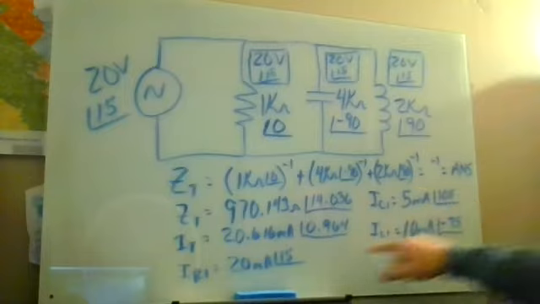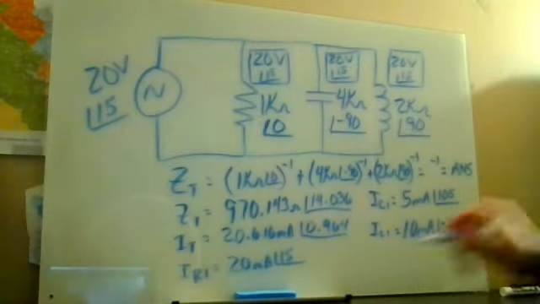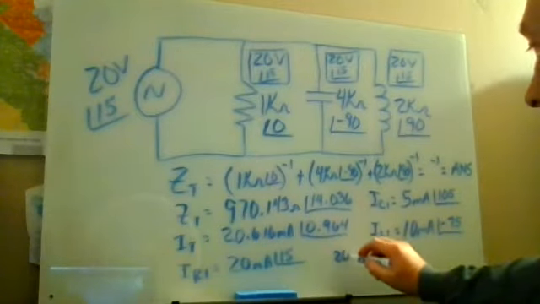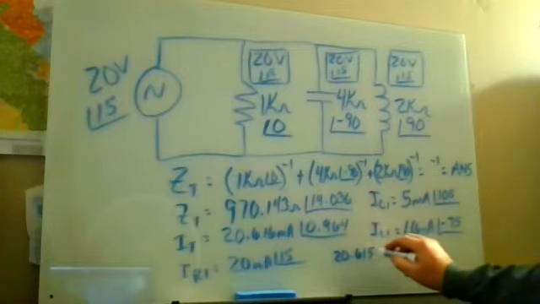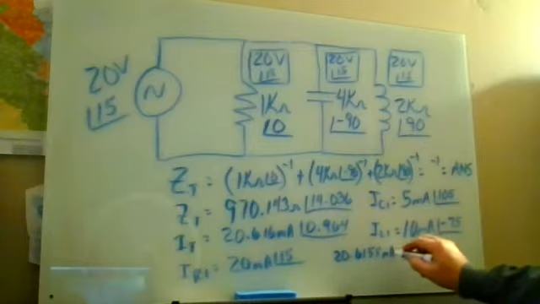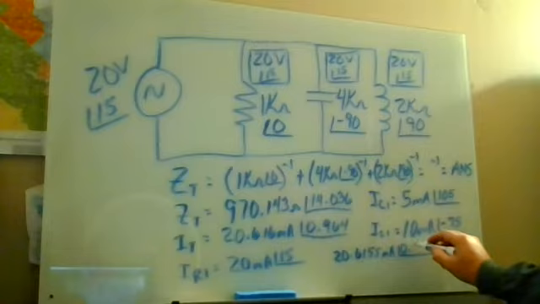And then you just add these three together, and you should get 20.616 milliamps at an angle of 0.964. So when I did it, I added them all up, and what I got was 20.6155 milliamps at an angle of 0.963.